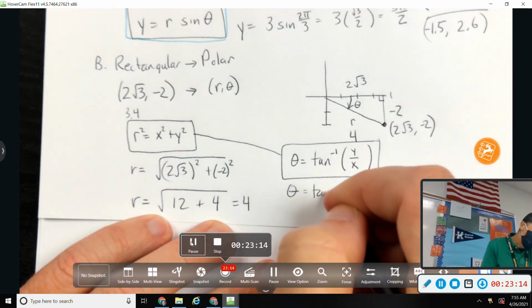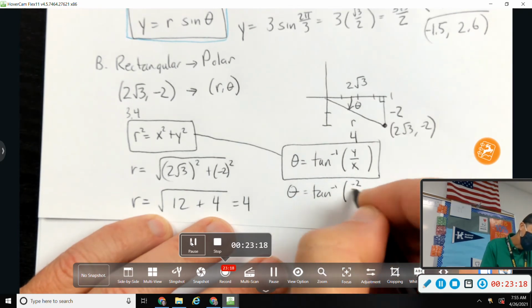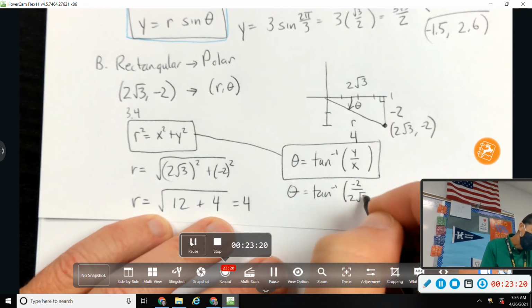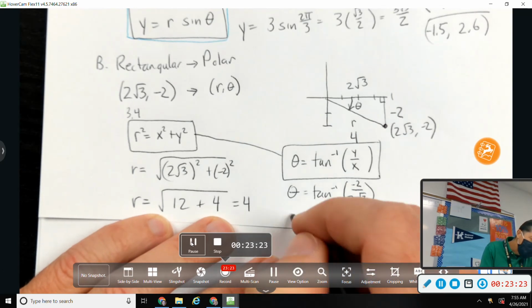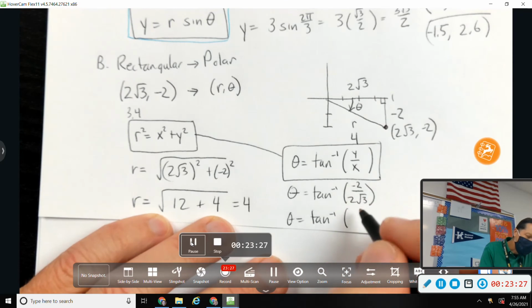So inverse tangent of opposite, or y, over adjacent, running out of space, negative 1 over root 3.